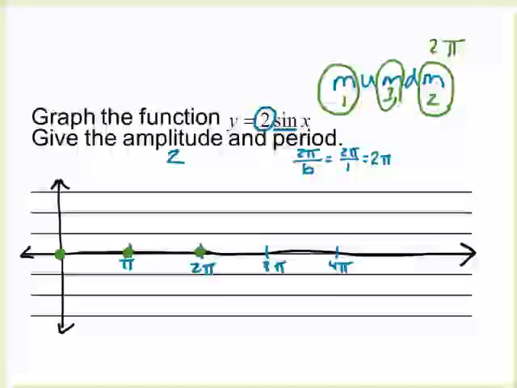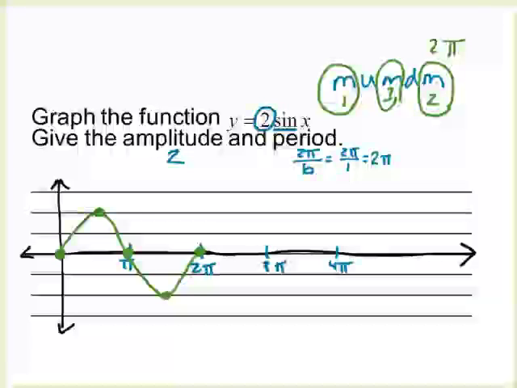So halfway between the first 2 points I have my up, and how do I know how far to go up? 2. The amplitude is 2. So I have my up point halfway between, up at a height of 2, and the down point halfway between, down at a height of 2.